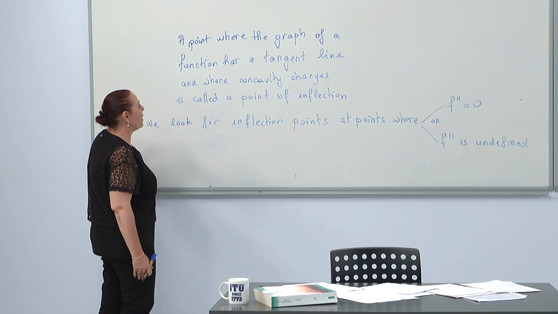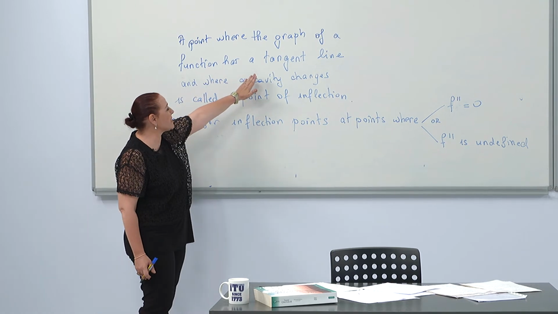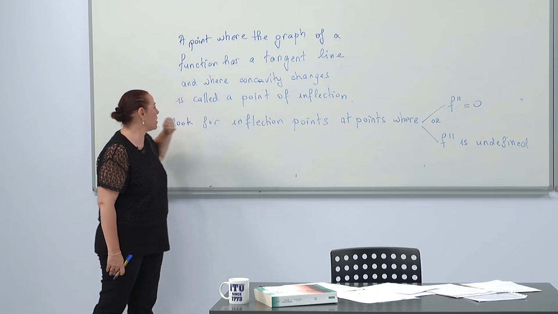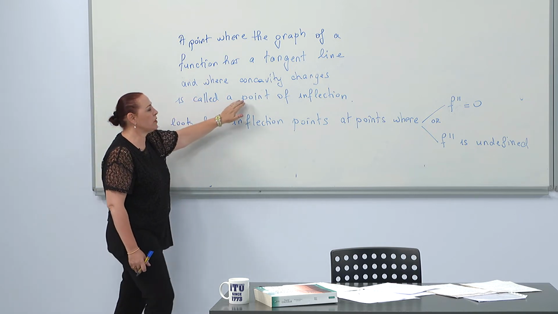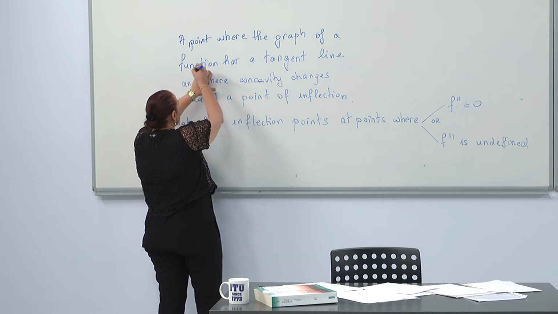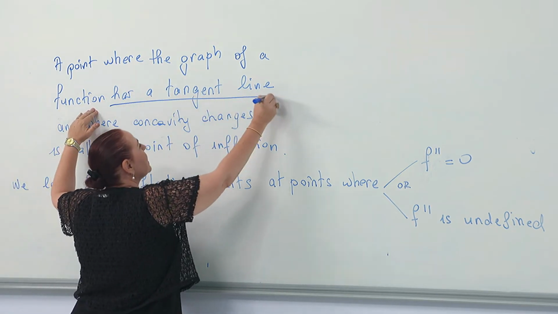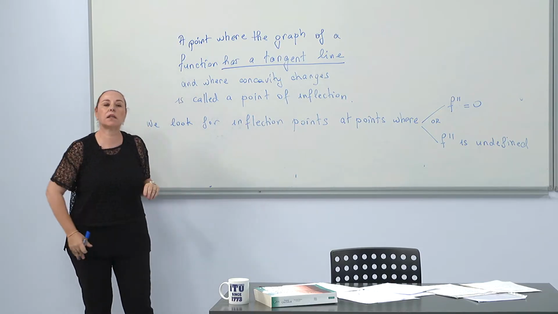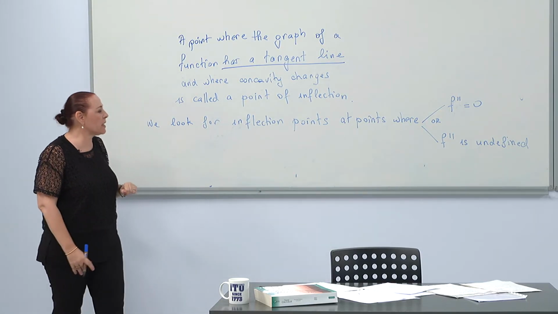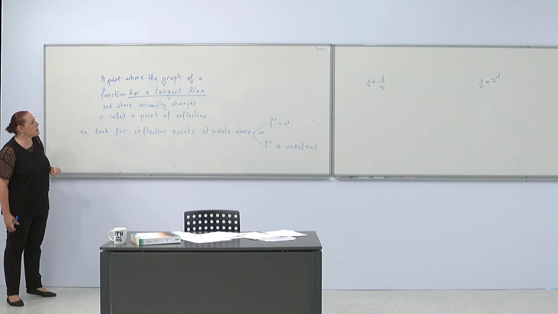A point where the graph of a function has a tangent line and where concavity changes is called a point of inflection. Okay. "Has a tangent line" is the key word and the key concept here that we're going to discuss in the two examples that I'm going to give in a few minutes.